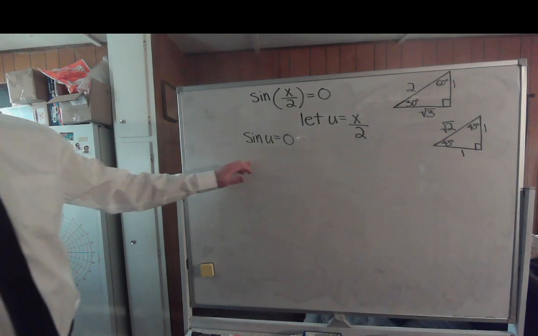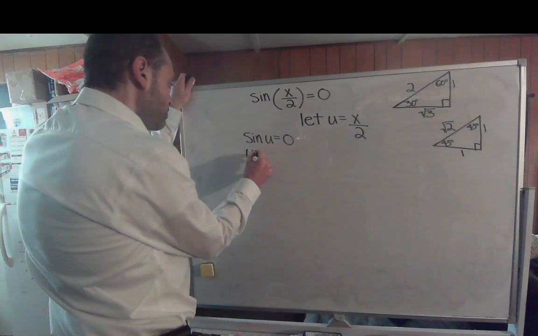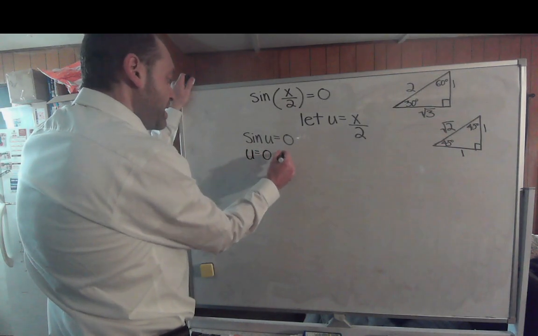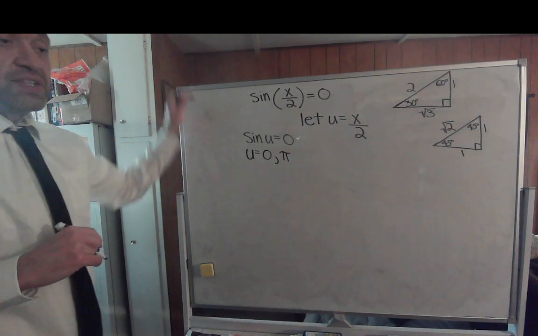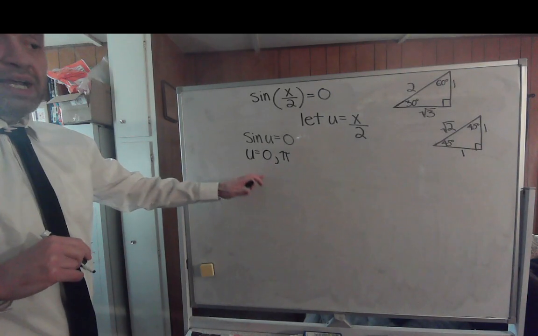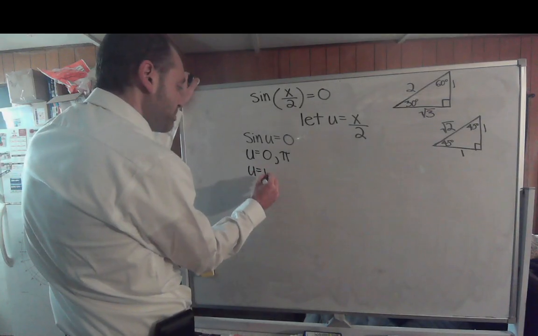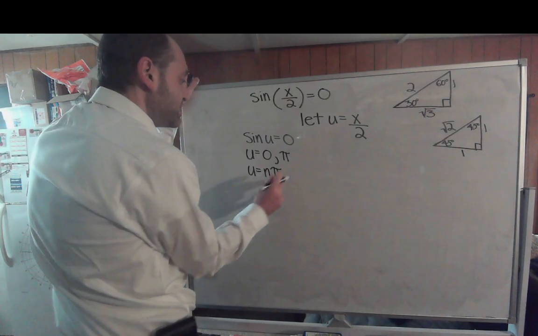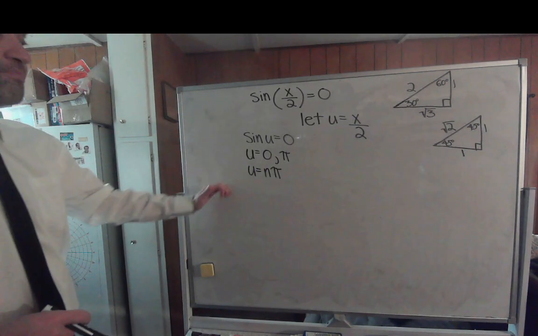Well, that would be 0 and pi, right? So u would equal 0 and pi. Now, if you just take the 0 and add pi to it, you can literally just end up getting u equals n pi. Any integer multiple of pi will give you a sine of 0.